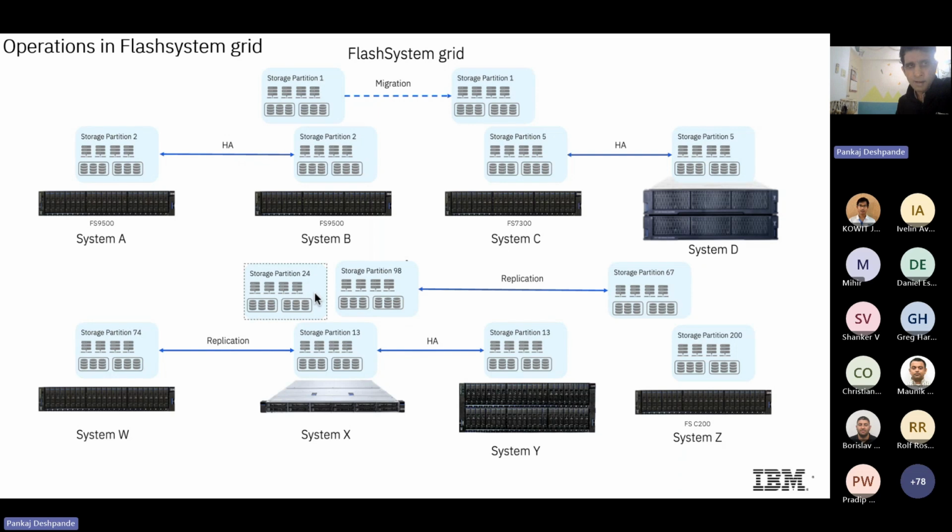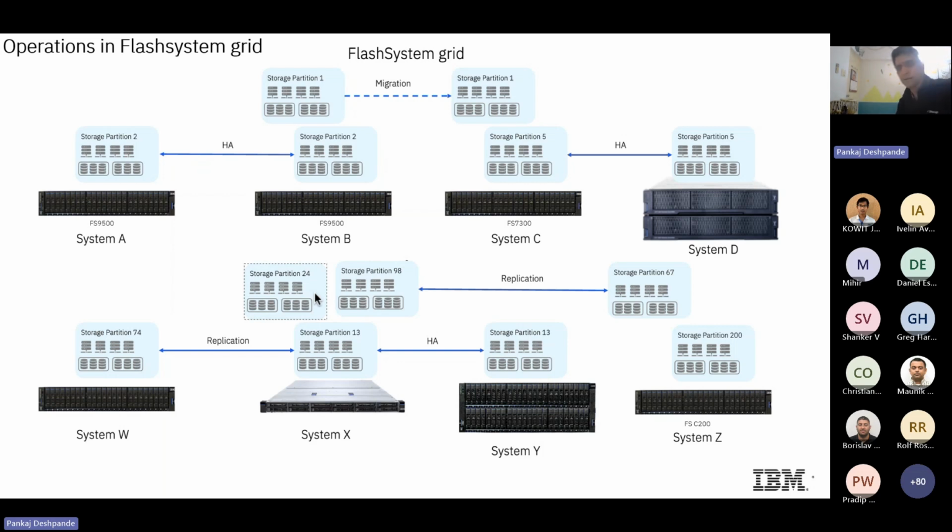This is how your grid would look. There are two layers. There are the controllers, the physical ones, and then those blue boxes, which Chris introduced in the last call, the storage partitions. I'm going to spend some time on that one, but this is how your grid would look, having the physical systems and then also the storage partitions in it.